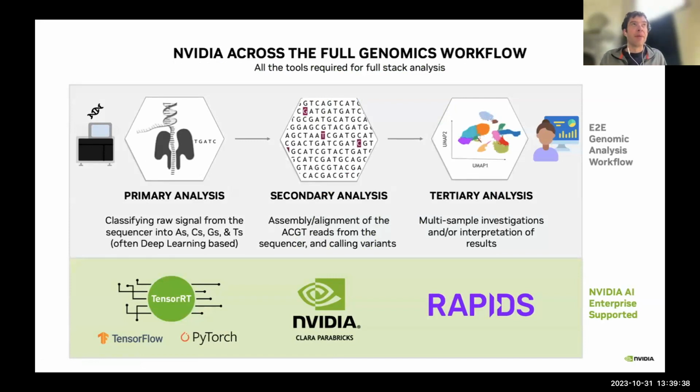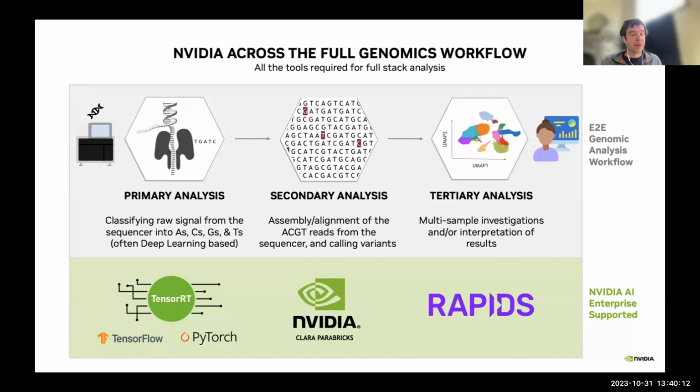Whenever you're processing a sample, if it's short reads or nanopore, oftentimes it's either images or an actual signal that's going through the sequencer, and it classifies those signals into the actual nucleotides, the As, Cs, Gs, and Ts. A lot of sequencing companies work with us to accelerate that on the back end. So there could be NVIDIA tech inside your sequencer that's running essentially TensorFlow, PyTorch, or TensorRT. They could also be running CUDA as well.